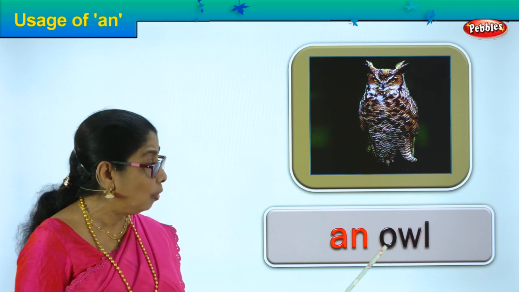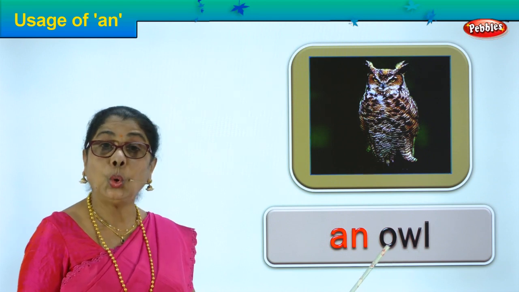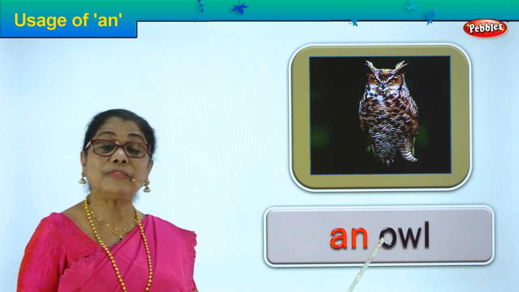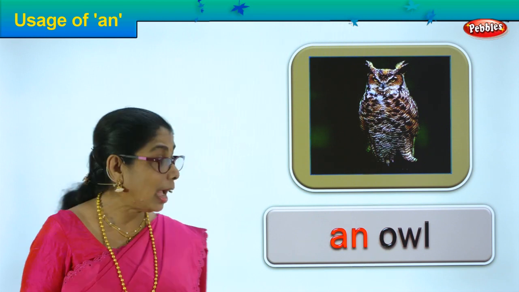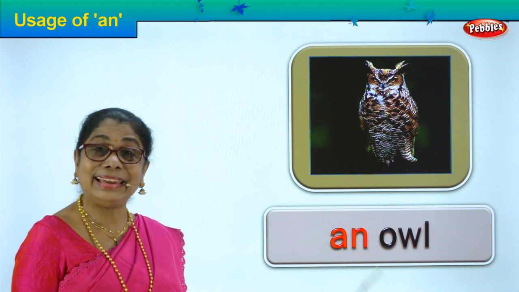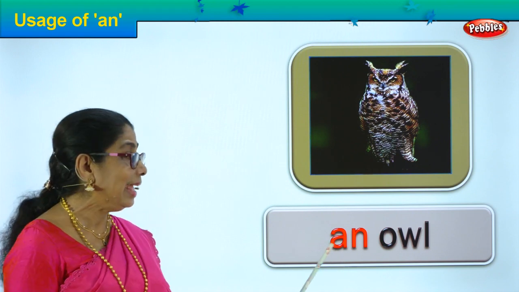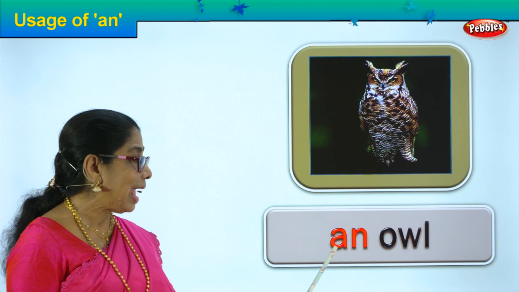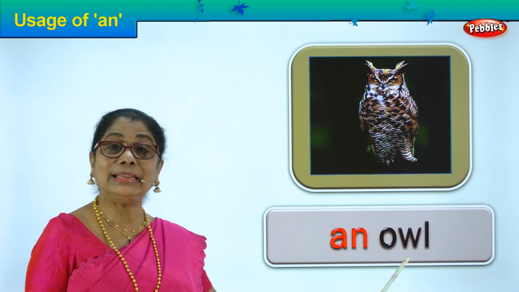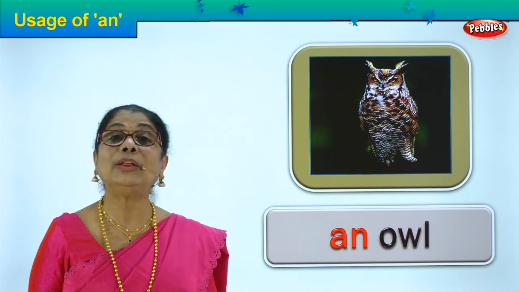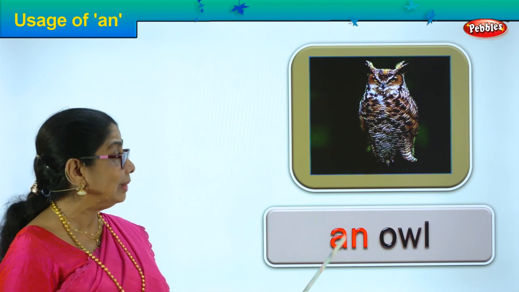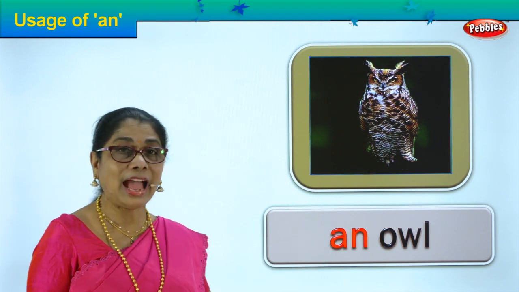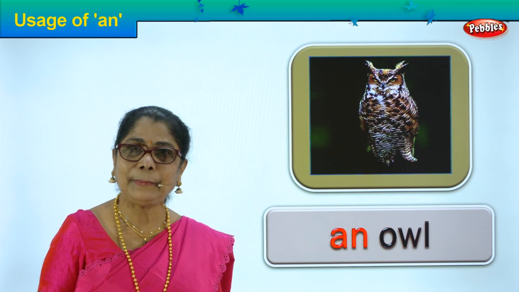The word owl begins with letter O, which is a vowel. So in front of the word owl, we use an. Now read. An owl. This is an owl. An owl is a night bird. It only comes out at night. Shall we look at another picture?